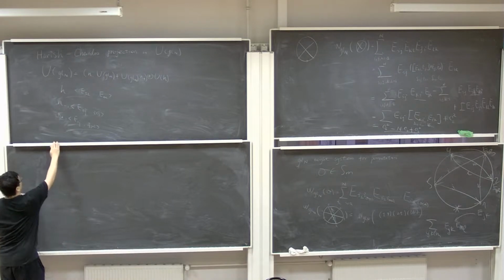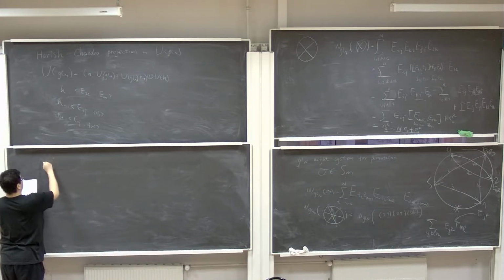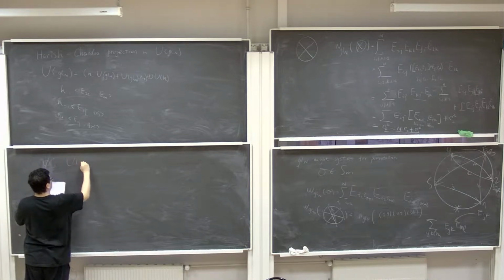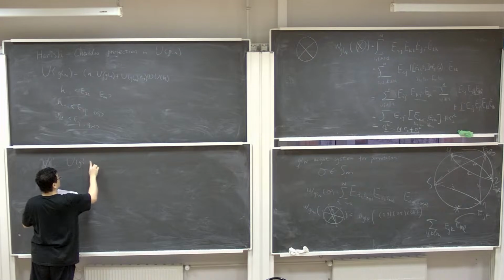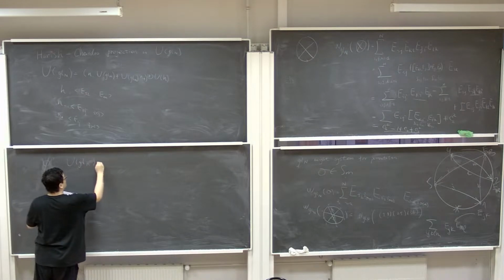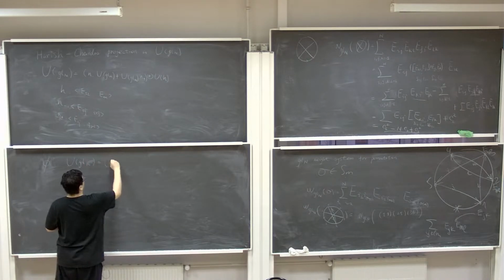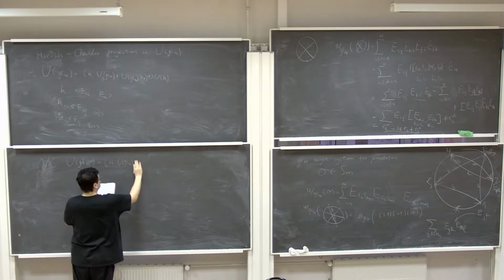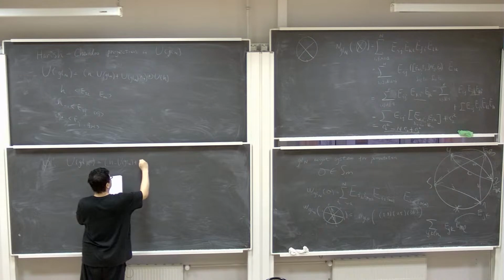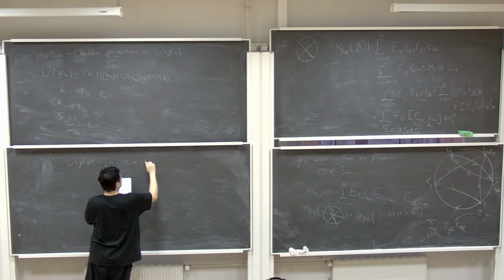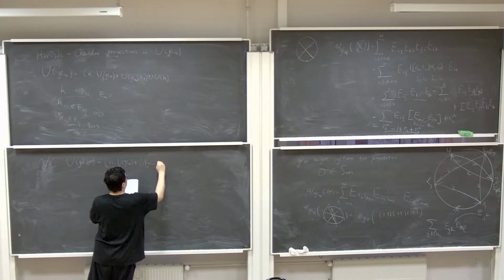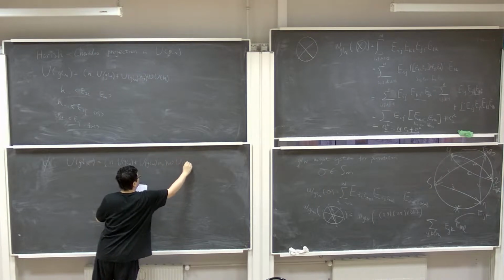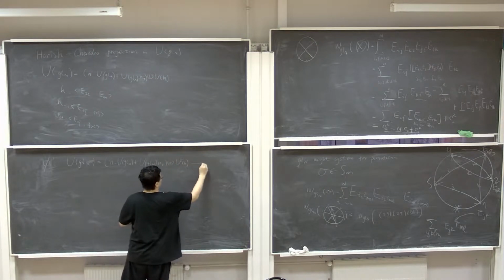The projection, I call it phi, goes from U(GLN) to U(H): U(GLN) equals n minus, H, and n plus, and then you just project to U(H).